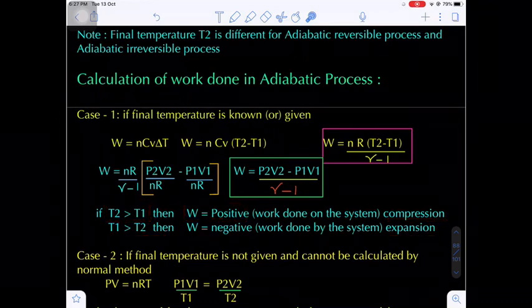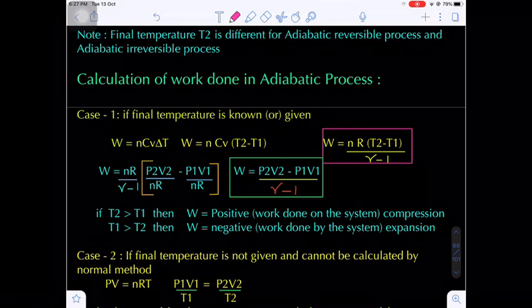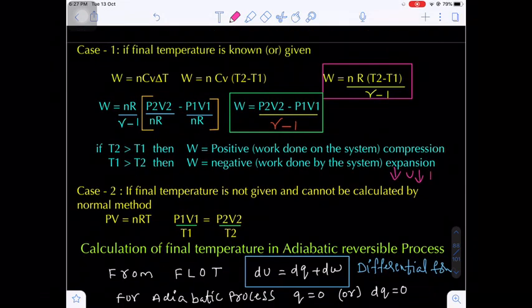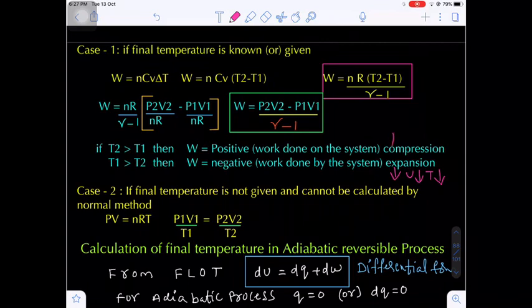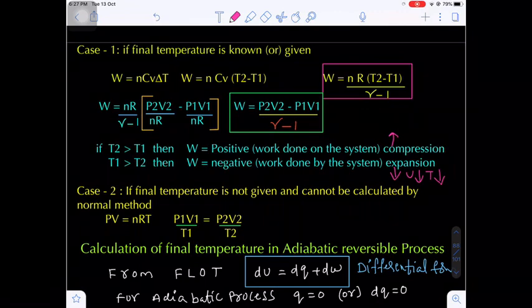When a system is expanding, it is at the cost of its internal energy, so the internal energy decreases. We know internal energy is a function of temperature, that's why the final temperature also decreases. Whereas in compression, work is done on the system, the internal energy of the system increases, thereby the final temperature also increases.